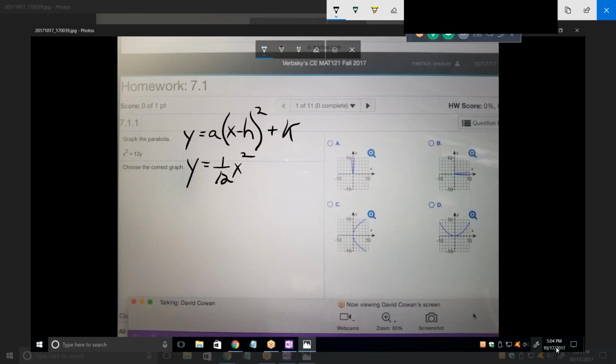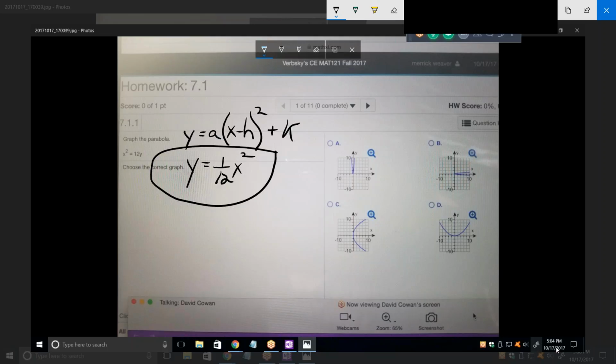So now that I have it in vertex format, what are h and k? Both zero. Yeah, because if I make h 0 and k 0, you get this format that we're looking at.